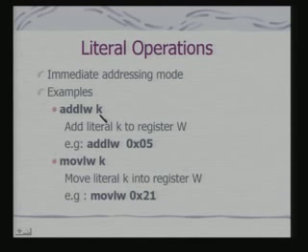So, this literal K, which is part of your instruction, you are adding to the content of register W. If you look at this example, this 5 is actually added with the content of W, and the result would be stored in W itself. In this case, you are moving a particular value into the W register.